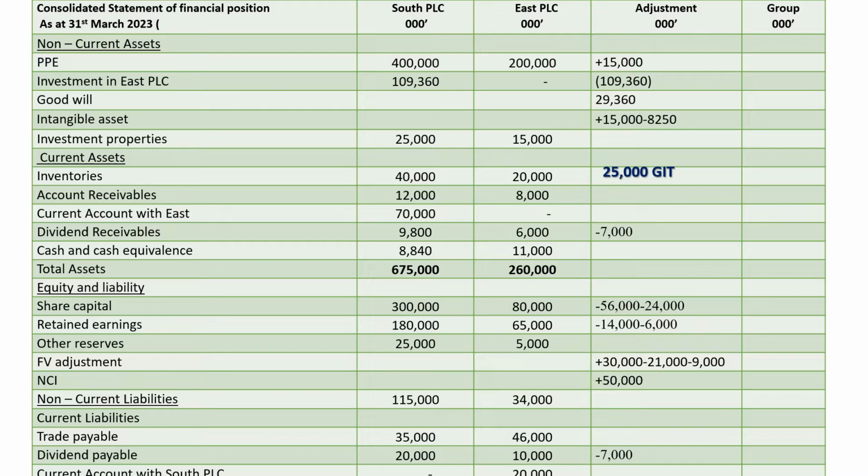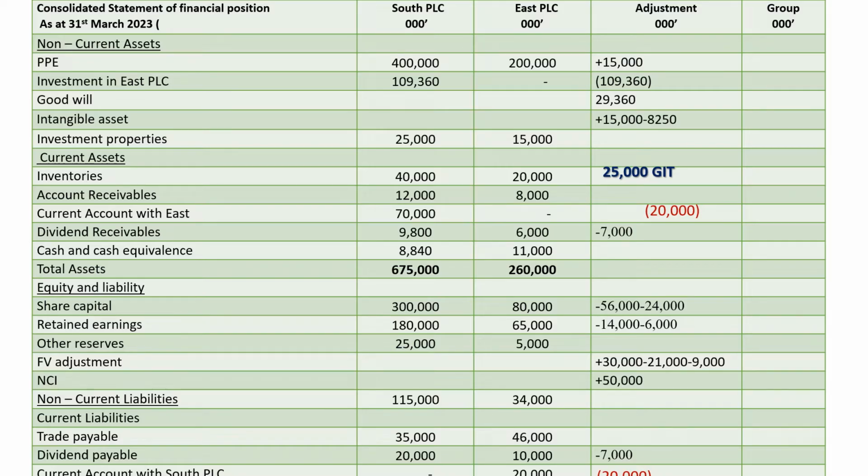In the SFP, we have to remove these intercompany transactions in the current account. Therefore, first we are going to set off the current account with South PLC against the current account with East. Therefore, we are going to remove 20,000 from the current account with South PLC. At the same time, we are going to remove it from the current account with East.